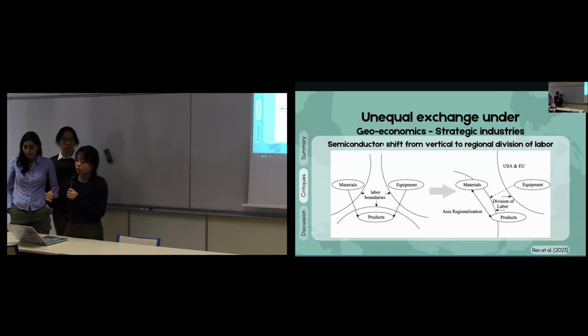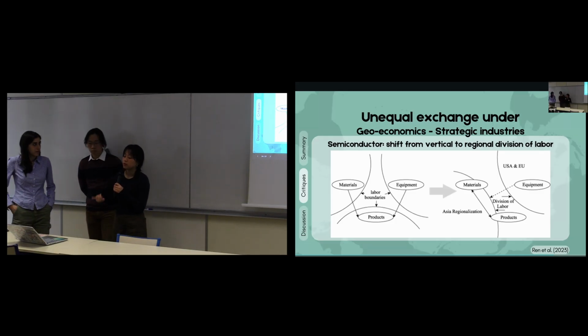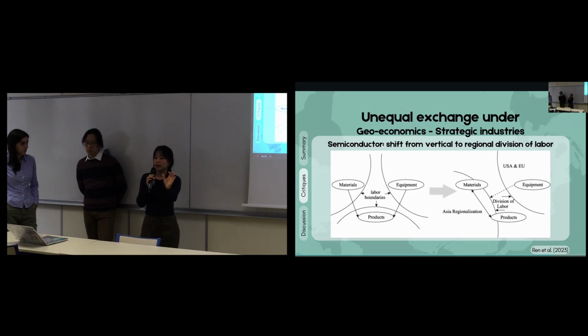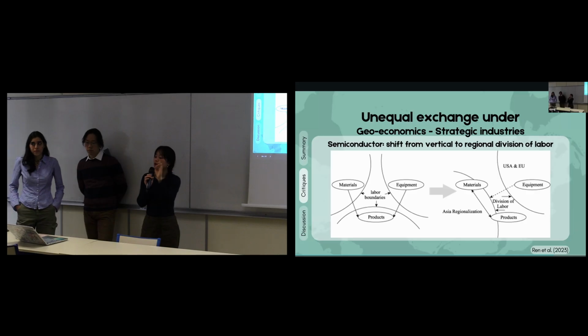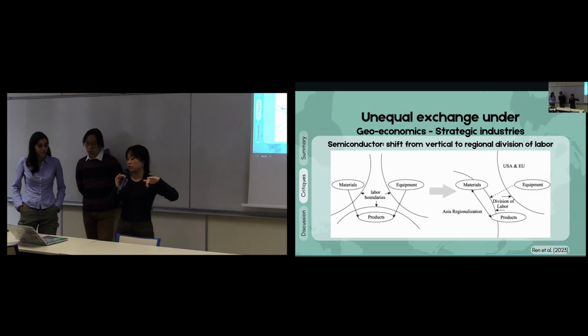Geoeconomics, we can also talk about strategic industry. For example, here I bring the case of semiconductors. So basically talk about labor. The division of labor now is not vertical, like you imagine you have one corporation that has different operations everywhere in the globe, and they have a different division of labor in each country. But now that division of labor is separated regionally.